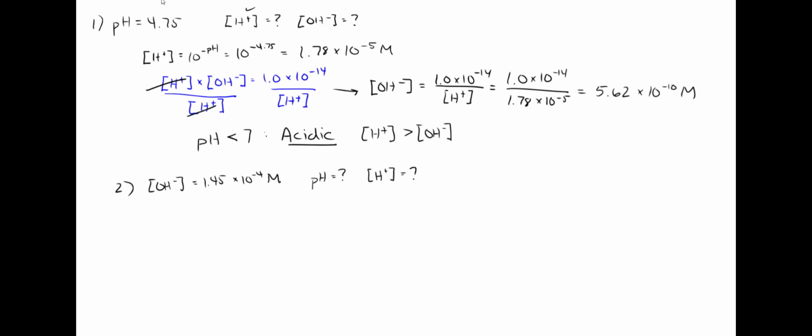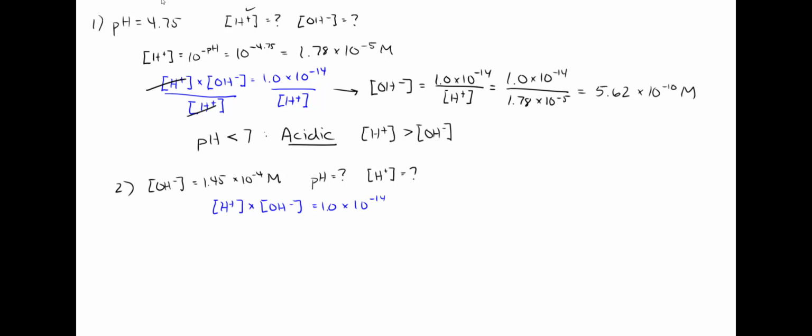Well, it's probably going to be easiest if we use this equation that we just used a moment ago. So we saw that proton concentration times hydroxide concentration equals 1.0 times 10 to the minus 14. That should be true for all aqueous solutions and for water.